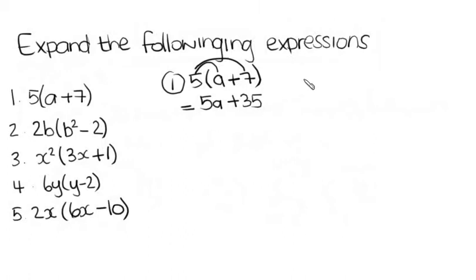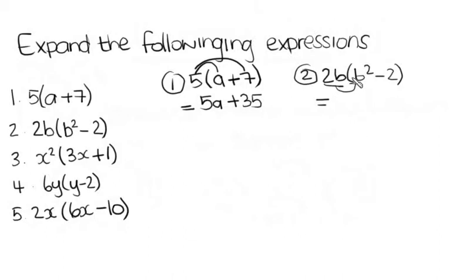Okay, let's move on to the second one. I have 2b, open bracket, b to the power of 2 minus 2. Again, what's in front of the bracket I'm going to multiply with what's inside. So coefficient with coefficient.